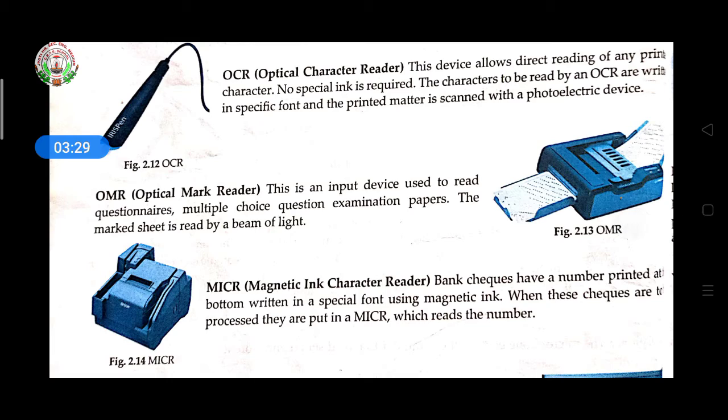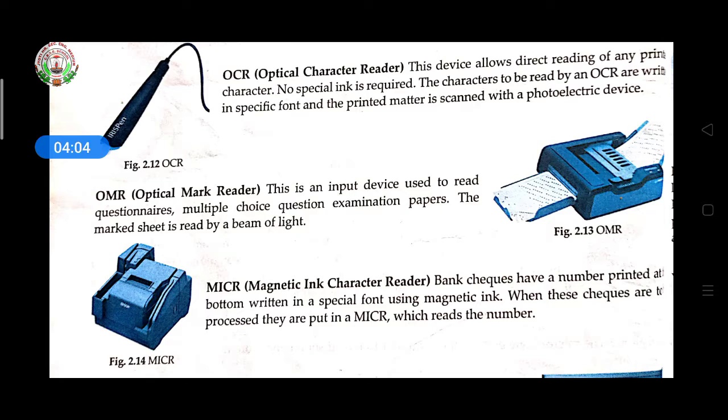Then OMR, optical mark reader. This is an input device used to read questionnaires and multiple choice question examination papers. The mark sheet is read by a beam of light. So OMR sheet means if you are giving any entrance exam or any exam, there are 4 options, multiple choice questions, and there are 4 circles, A, B, C, D. Any one circle you color dark for that particular answer.